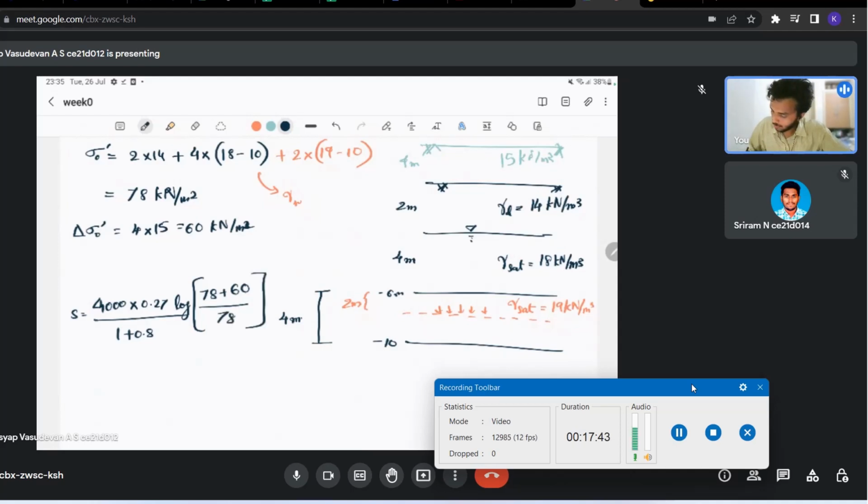If we solve this, we get 148.66 mm, which is almost equal to 149.